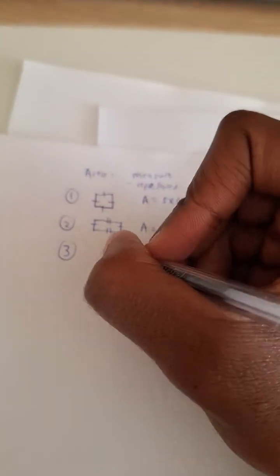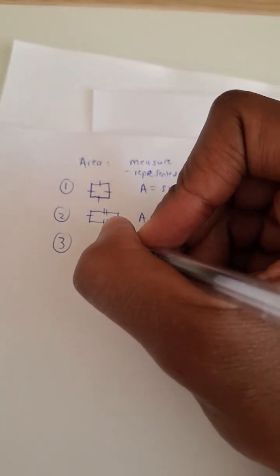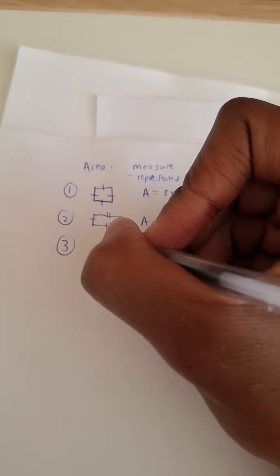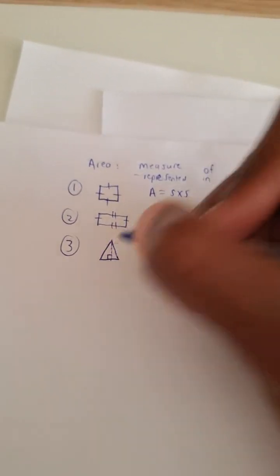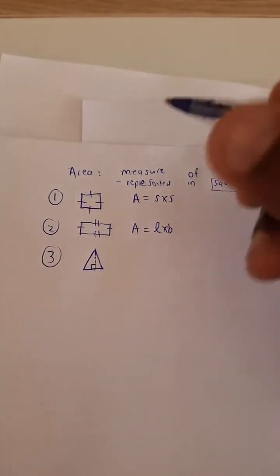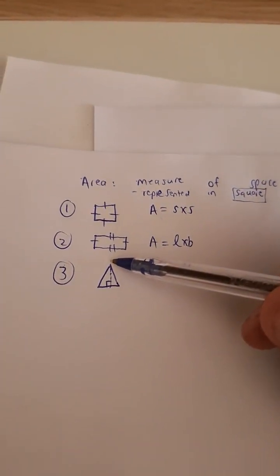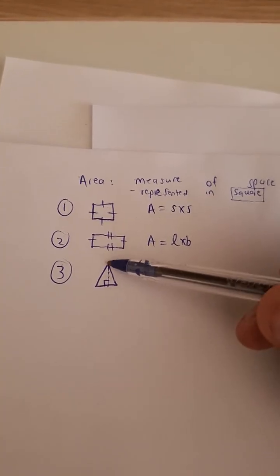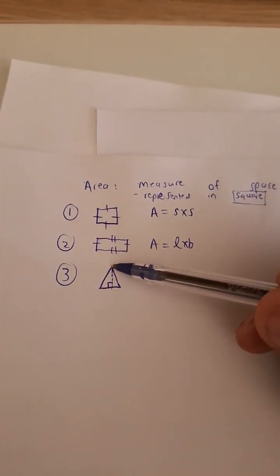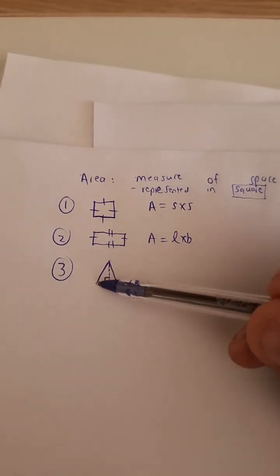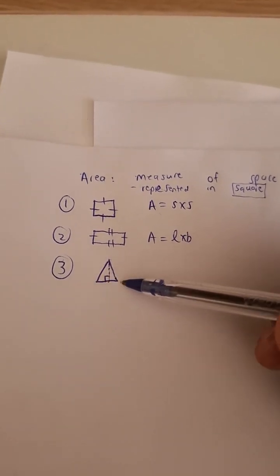Three, triangle. The minute a triangle is acute, we will see that it has an internal perpendicular height. What is perpendicular height, guys? It is the height from the apex of the triangle to the base of the triangle. We call this the foot or the base.